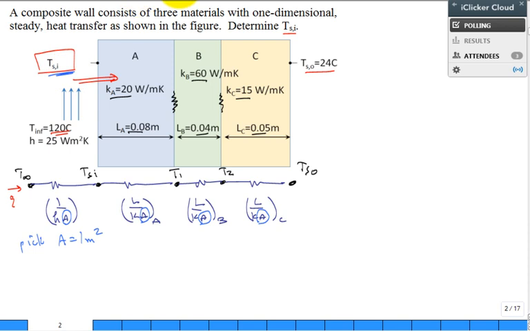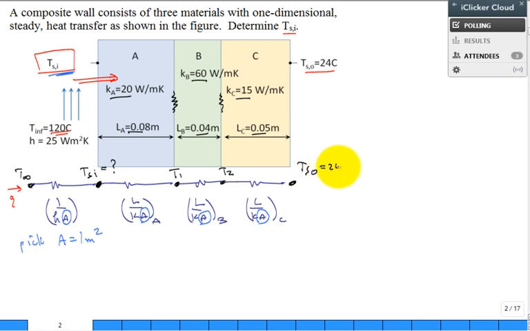All right. So let's see, at this point, how would you recommend to solve for TSI? This is our unknown right here. Anybody want to suggest a way? You know this one.